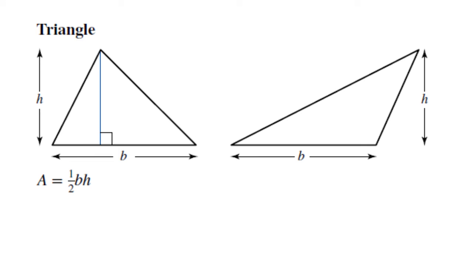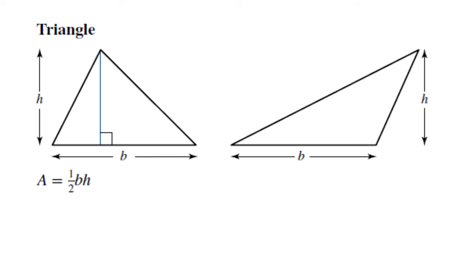When we get into triangles, this is where our formulae first start to get a little bit more complicated. So triangular shapes are always half of a rectangular shape. Sometimes it's not obvious, but that's always true. So our area of a triangle is always half of the base times the height. Now it doesn't matter what shape your triangle is, as long as you know the base and the height.